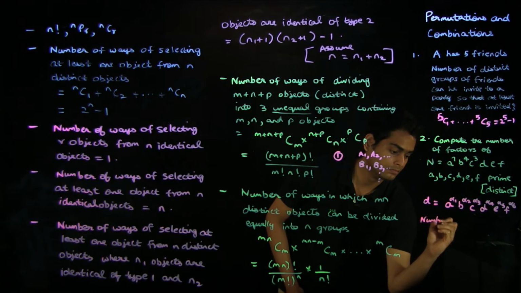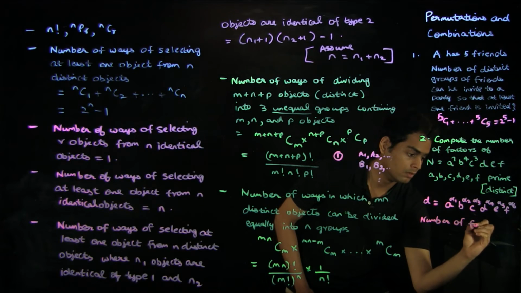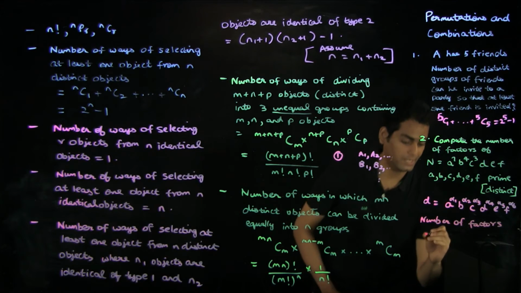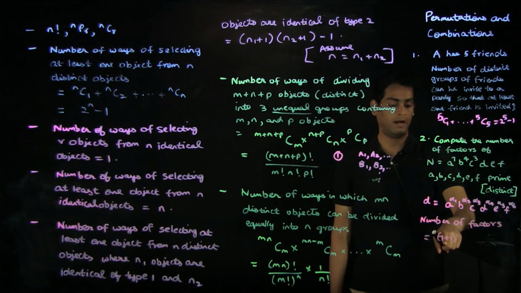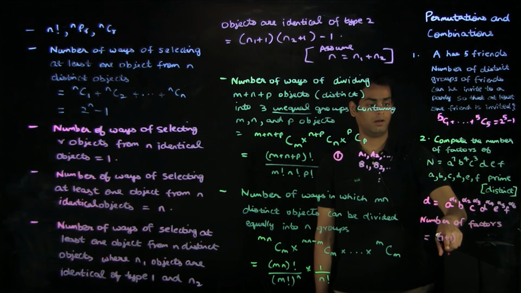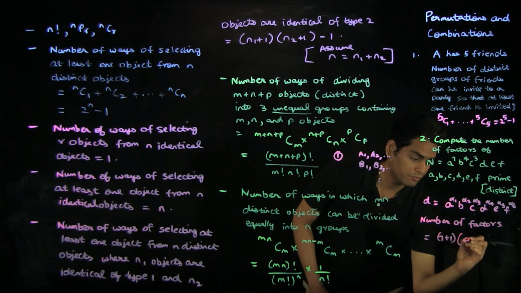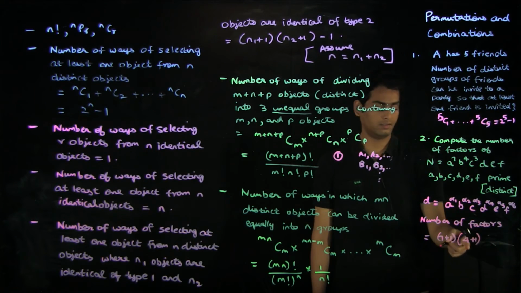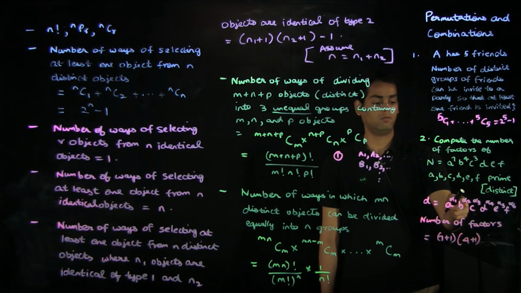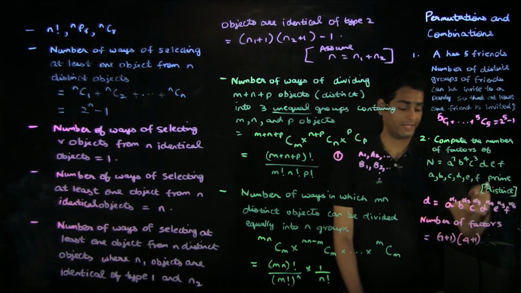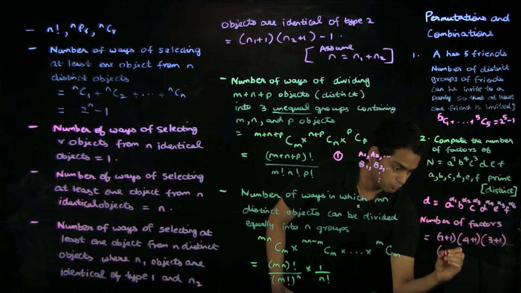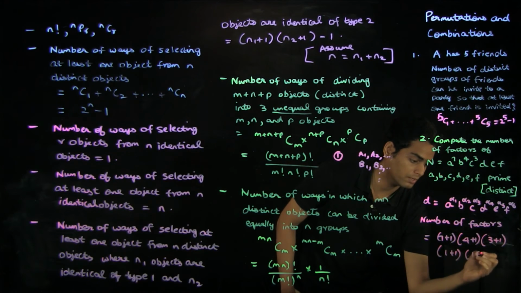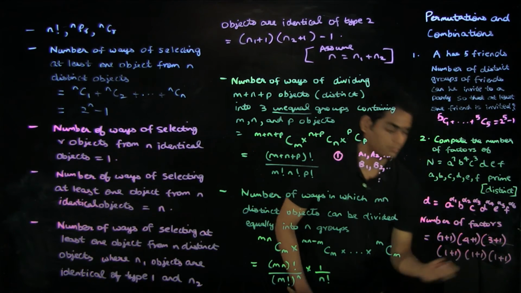the number of factors, or the number of ways, is going to be 7 plus 1, where that is the number of ways of choosing the exponent for a, times 4 plus 1, where this 4 plus 1 is the number of ways of choosing 0, 1, 2, 3, or 4 for the exponent of b, times 3 plus 1 corresponding to c, times 1 plus 1 corresponding to d, times 1 plus 1 corresponding to e, times 1 plus 1 corresponding to f.